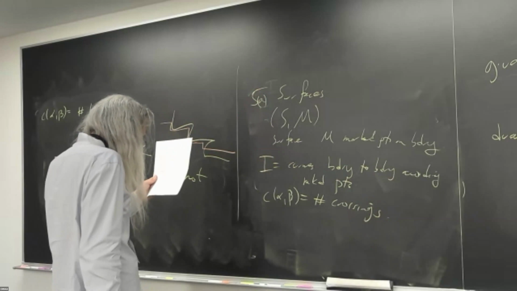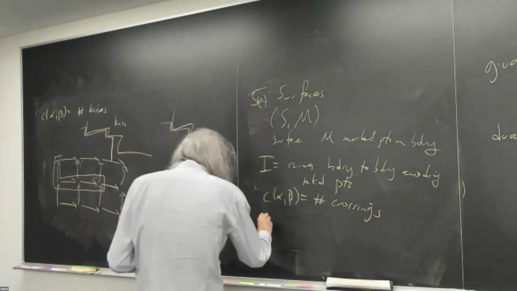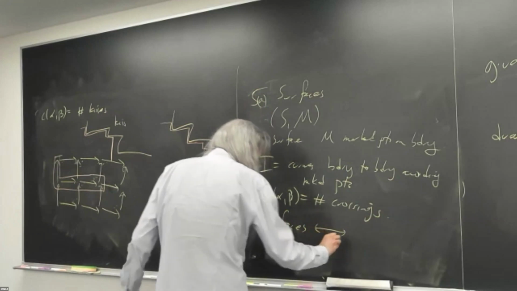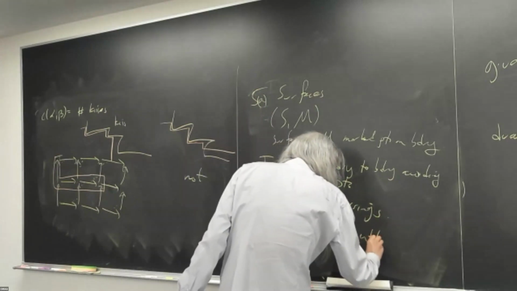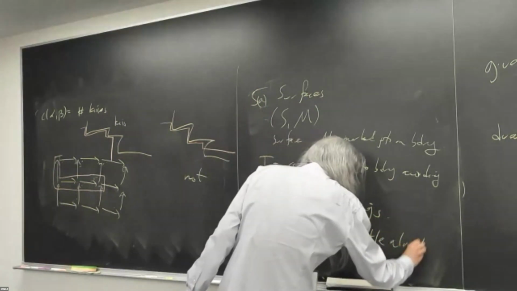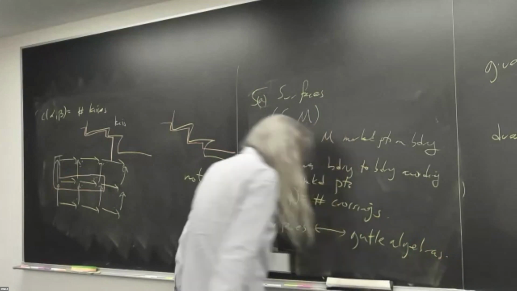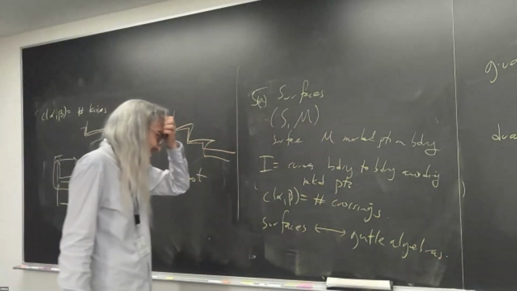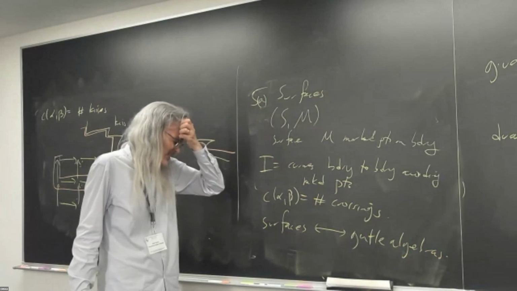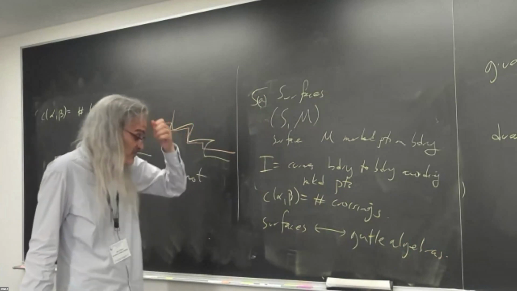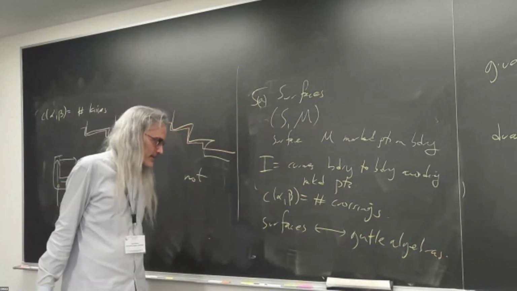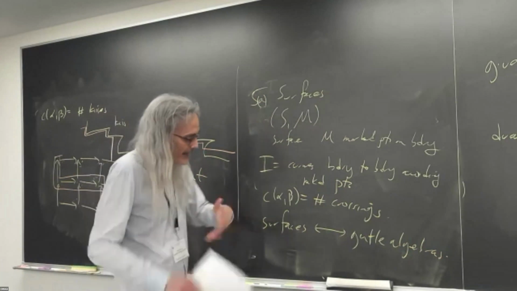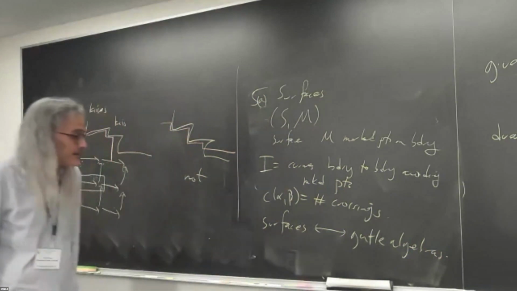And there's a beautiful correspondence from surfaces to gentle algebras. I guess this really gets going with work of Haydn, Koba and Nielsen, but was developed by a number of other people, including my collaborator Pierre-Guy and some of his collaborators.